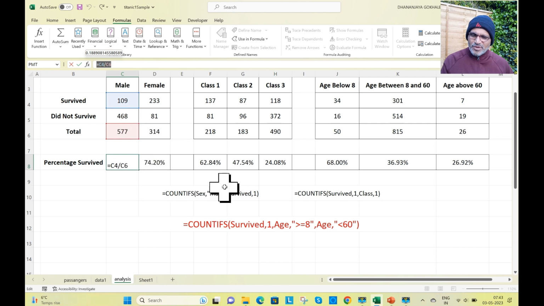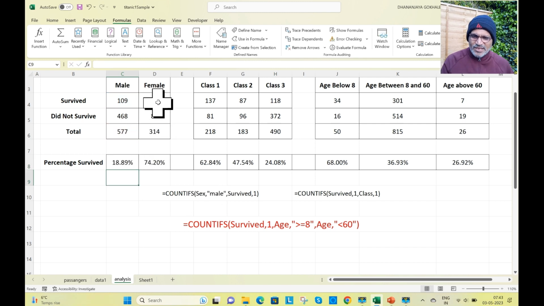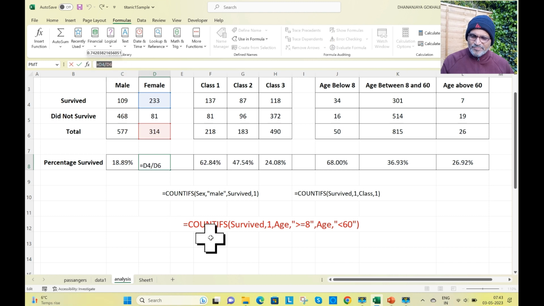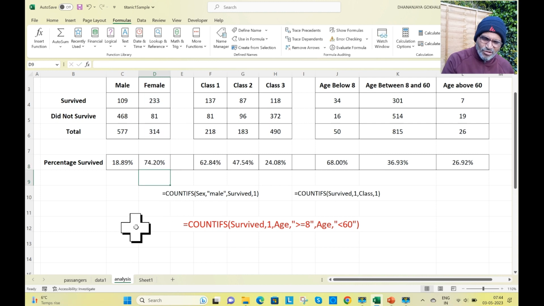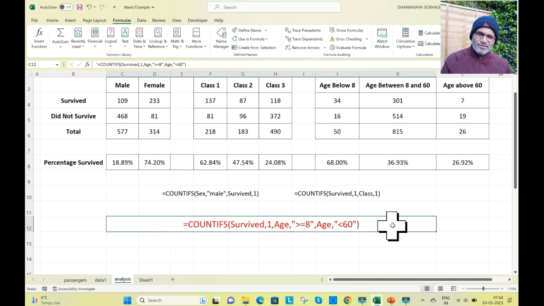Likewise, you would get it for all females. Look here. We want to know the percentage of females survived, so it is going to be D4 by D6. Likewise, 233 by 314. Likewise, we have got all the males and females survived, right?